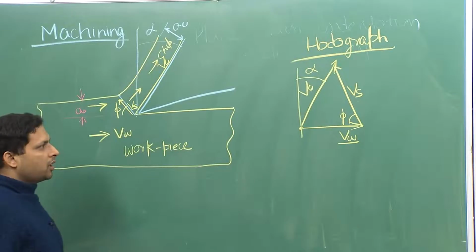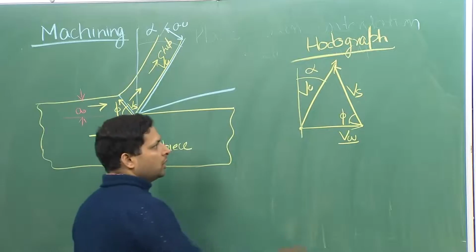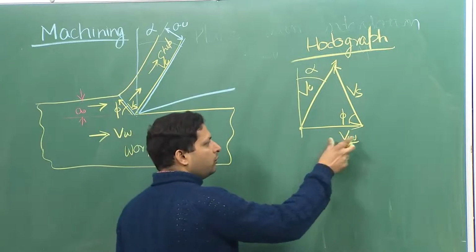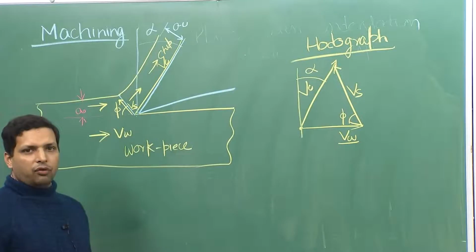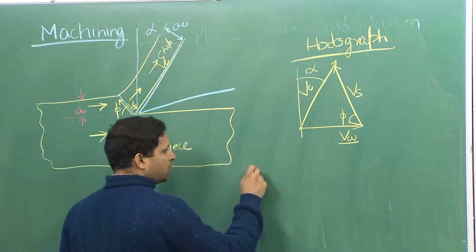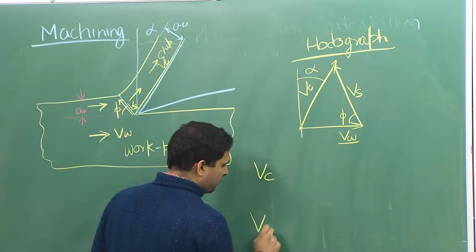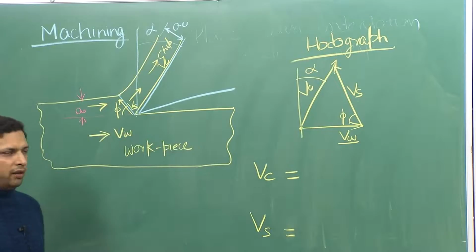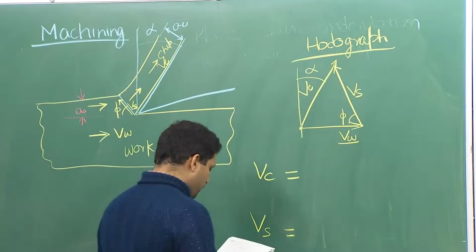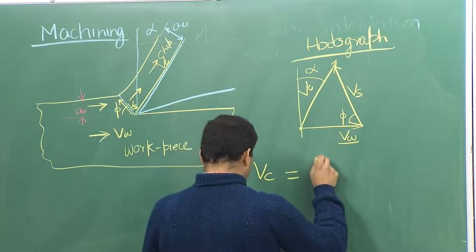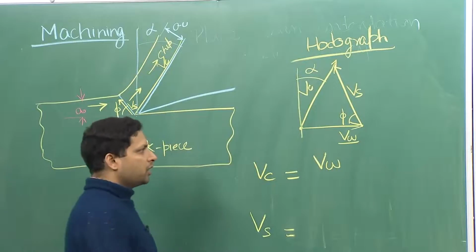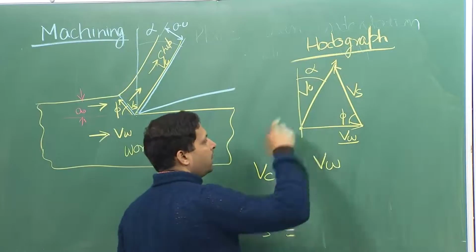So, these are some other facts that we know about this, and we know all the angles, and we know V w. From here, if you were given to calculate V c and V s, it should not be very difficult, and as an exercise I will leave it to you to calculate V c and V s. I will just give you what would be the final form of the values, and as you can see I will write it in terms of all the known parameters, which is V w and phi and alpha.